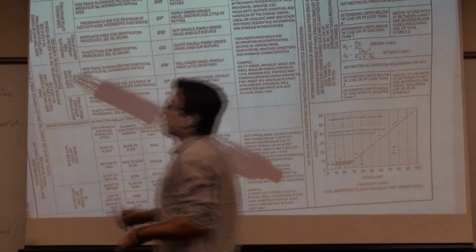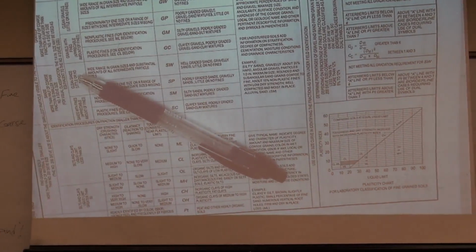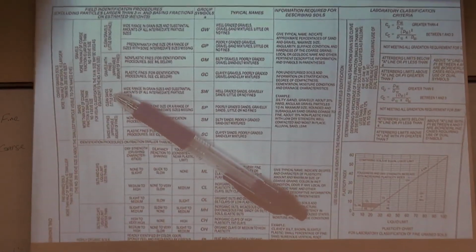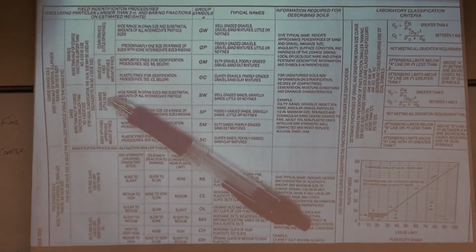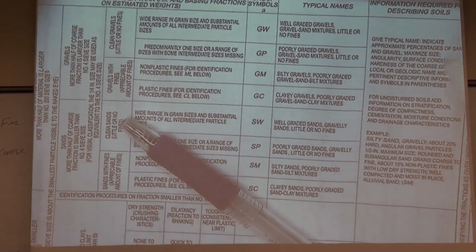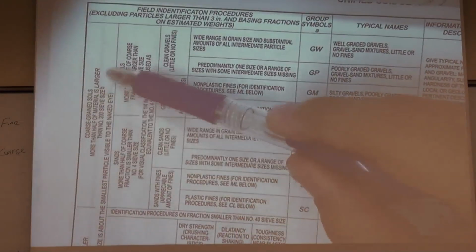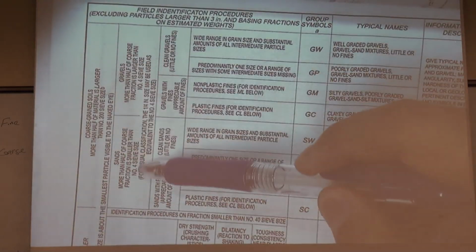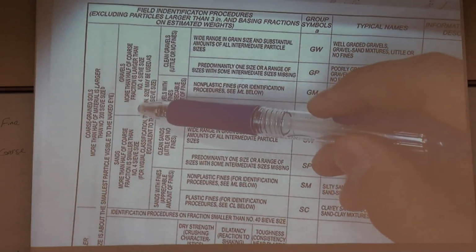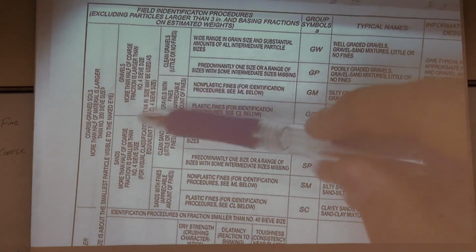Now, the next column says that if it's coarse grain, we are done with the first column. The second column says gravels: more than half of the coarse fraction is larger than sieve number 4.